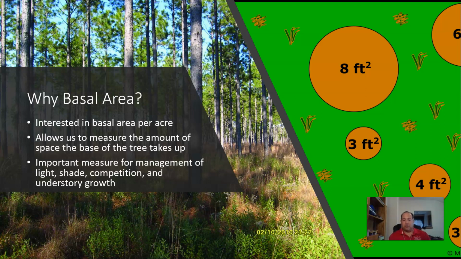And it starts to allow us to make all these different management decisions. But we need to know this idea of how big these individual trees are, and then apply it to, well, how much space does that tree take up, and then all of the trees around it take up within this stand, to really then be able to manage the stand and manipulate the stand correctly.